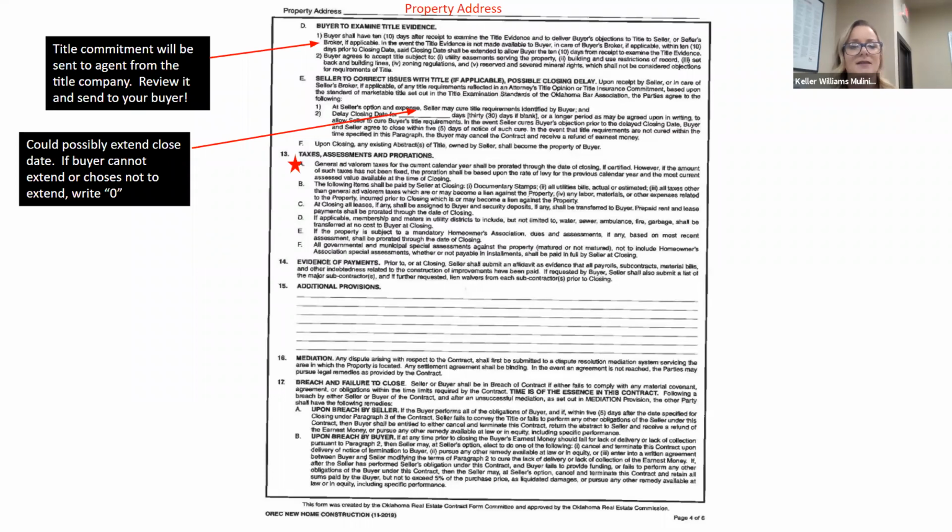But keep in mind that the ad valorem taxes, which are your property taxes for the current year, will be prorated through the date of closing, and it's not a fixed number because it depends on what your final number is. So if you contract on this house for 250, but you do some upgrades that cause the house to close at 260, they're going to assess you on the higher, obviously the higher amount.